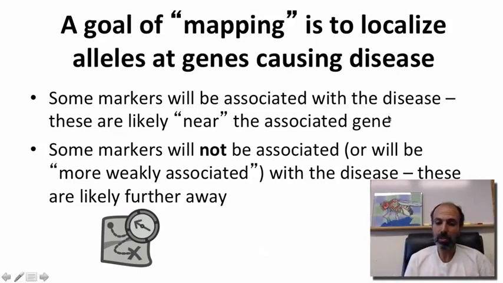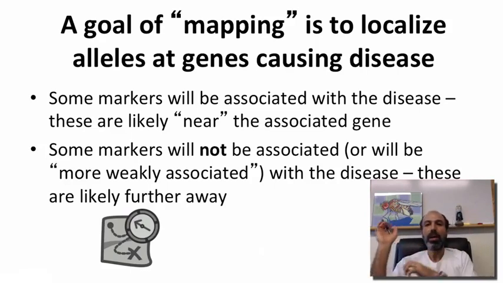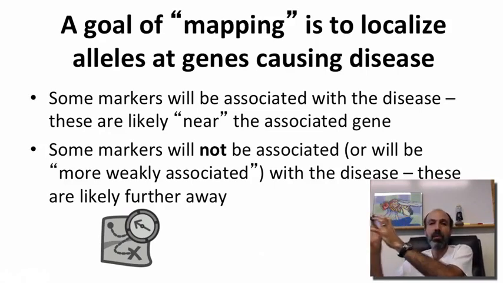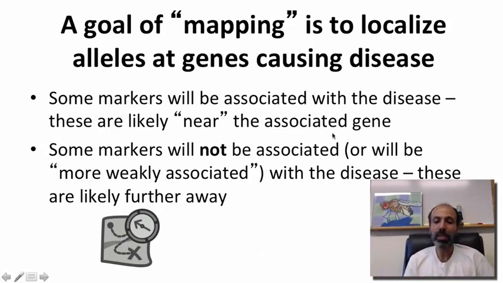Some markers will be associated with disease, and those ones that show that strong association, where the genotype of those markers will be associated with whether or not you have disease, or will predict whether or not you have disease, are ones that will be near the disease-causing gene. Okay? Some markers will not be associated, or will be very weakly associated with it, and those are the ones that are likely far away from the disease-causing gene.